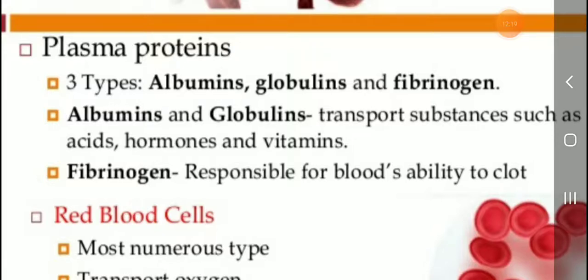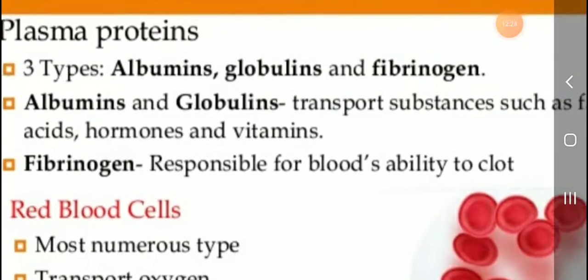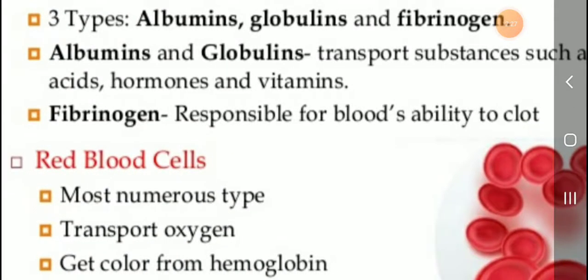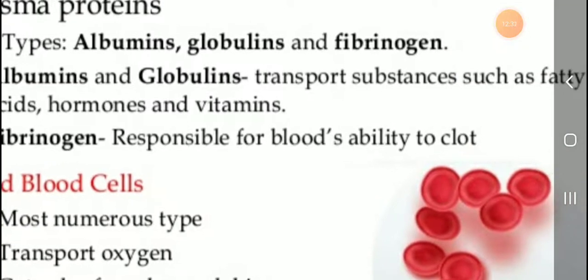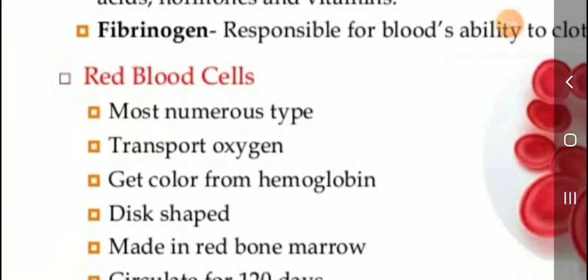Albumins, globulins, fibrinogen. Albumins and globulins transport substances such as fatty acids, hormones and vitamins. Fibrinogen is responsible for blood's ability to clot.